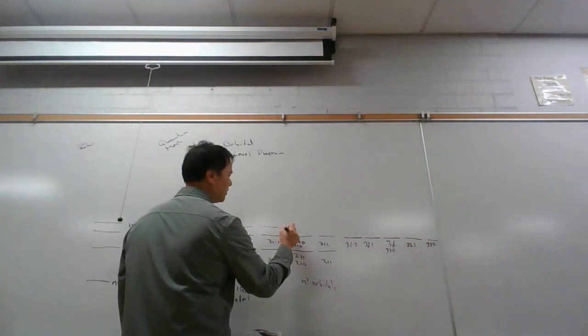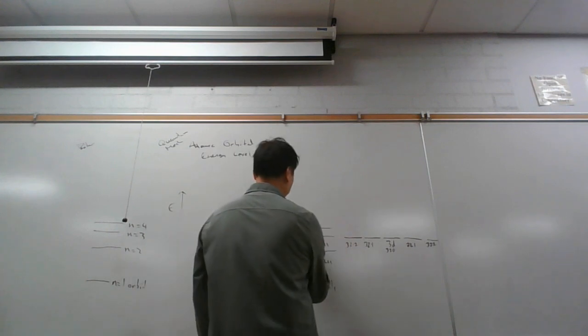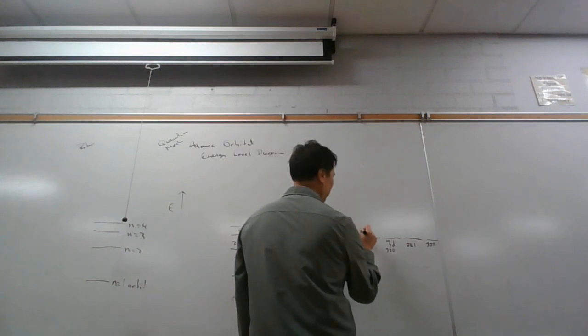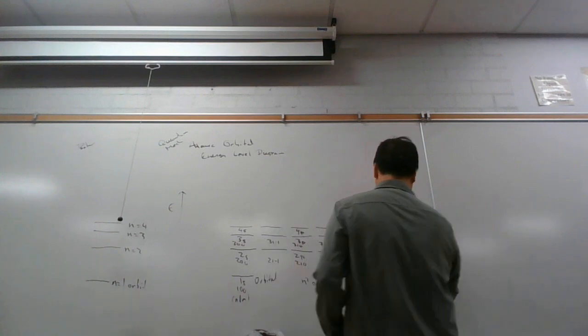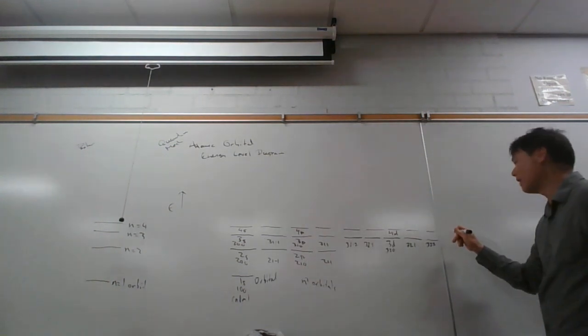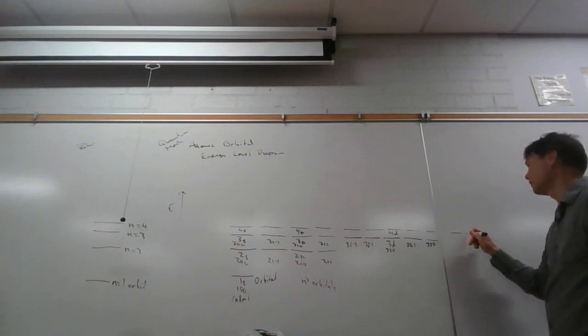How many 4p's are we going to have? 3. And then 4d. 5 of those. And then 4f. How many 4f orbitals are there going to be? 7. 7, correct.